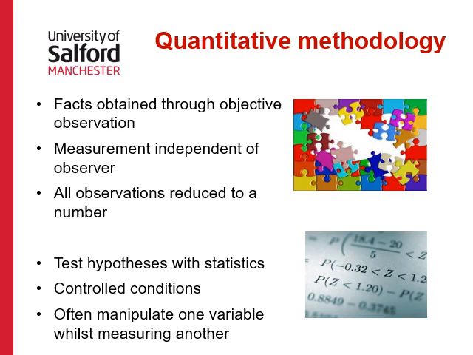Now, in quantitative methodology, there's a lot of experiments in which we control conditions very, very carefully. And we do that so that we can manipulate one variable whilst we measure the other. If we don't control things, if we vary more than one variable at the same time, we don't understand exactly what effect that particular variable is having on the other.